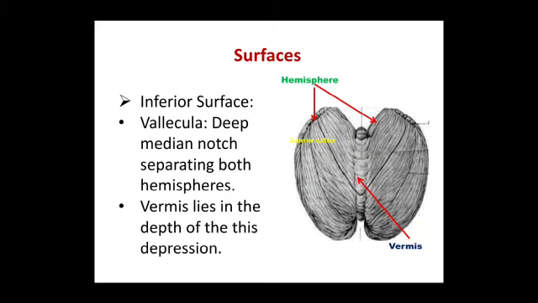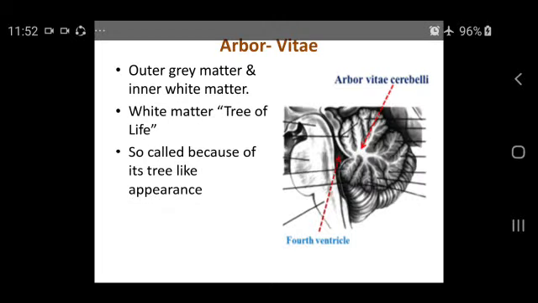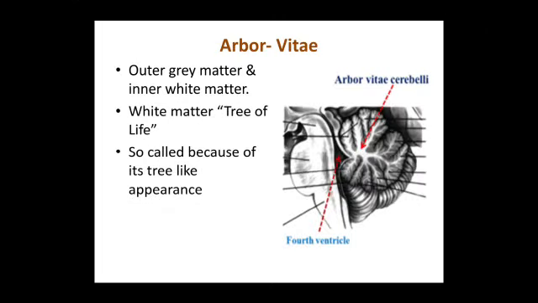The vermis lies in the depth of this depression. The cerebellum contains outer grey matter and inner white matter. The white matter resembles a tree, called the arbor vitae or the tree of life.